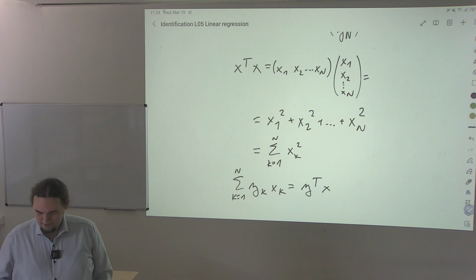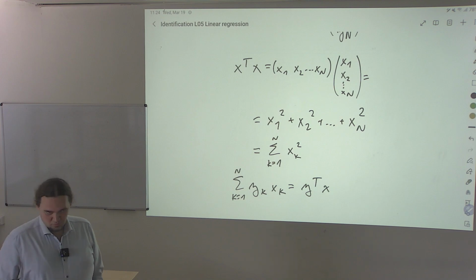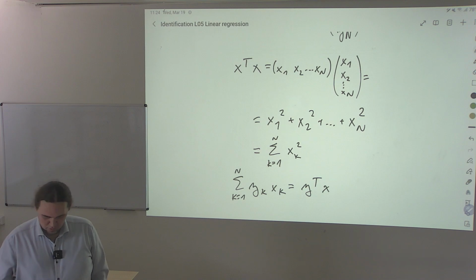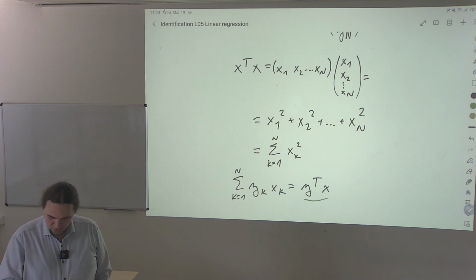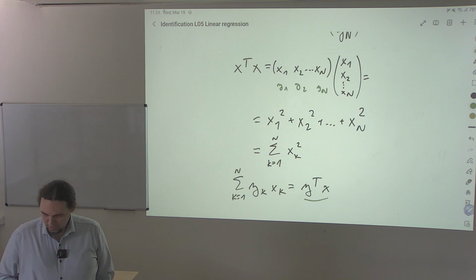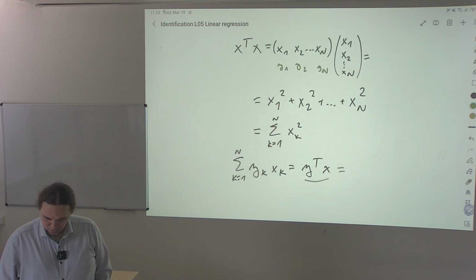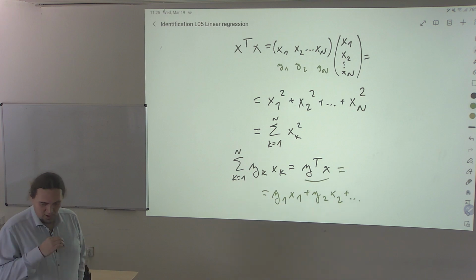And then we multiply it by x. y transpose x. Would that work? It will be the same thing as writing y1, y2, yn here, and this will of course give us y1 x1 plus y2 x2 and so on until n.